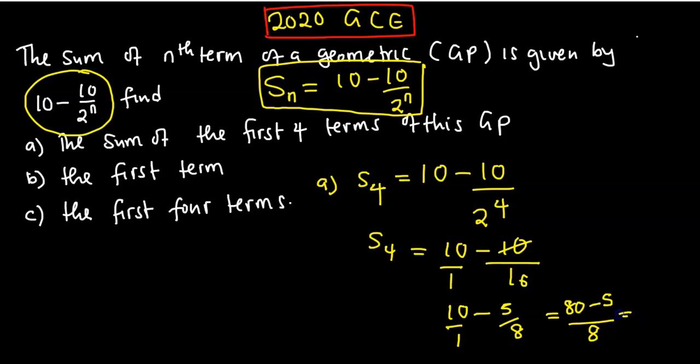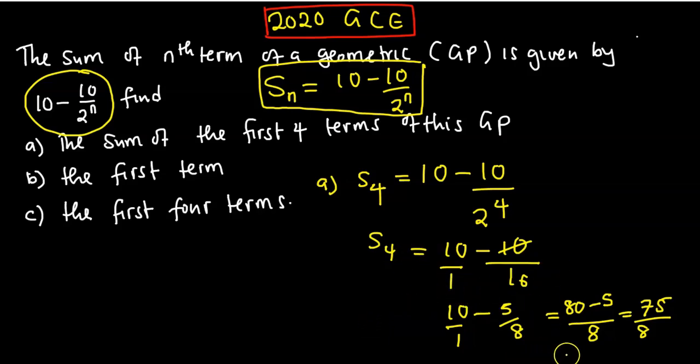So 80 minus 5 is 75. 75 divided by 8, what is the answer that we are going to find? It's giving me 9.375.